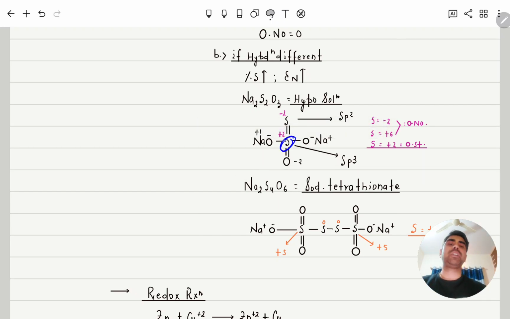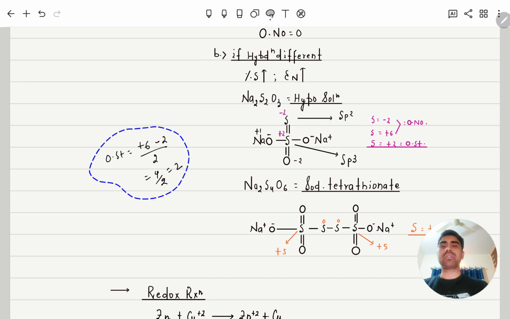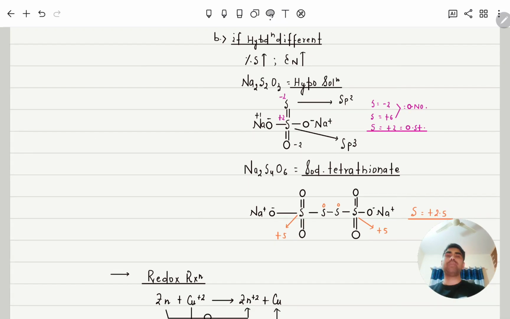So overall this sulfur is +6 and this sulfur is -2. When you calculate the average, the oxidation state is total charge divided by the total number of sulfur. One sulfur is +6, another is -2, so you get 4/2, which means oxidation state is 2, but the oxidation numbers of the two sulfurs are different, 6 and -2 respectively. So by the bonding method, we can calculate oxidation number also.